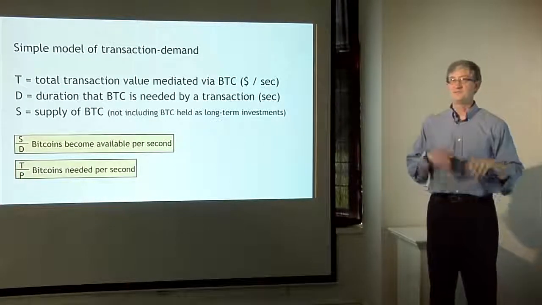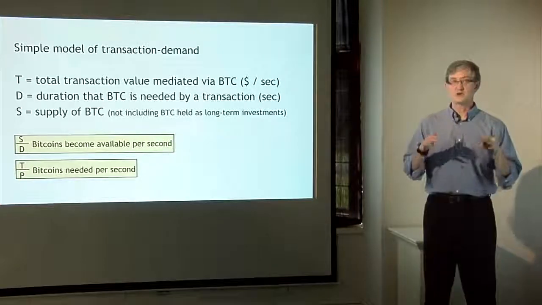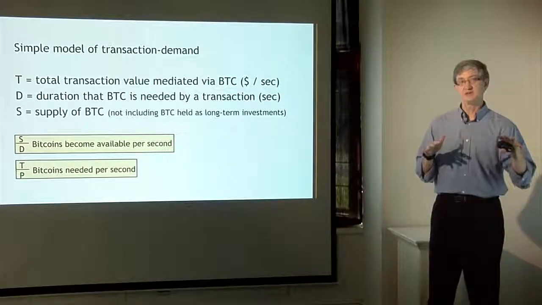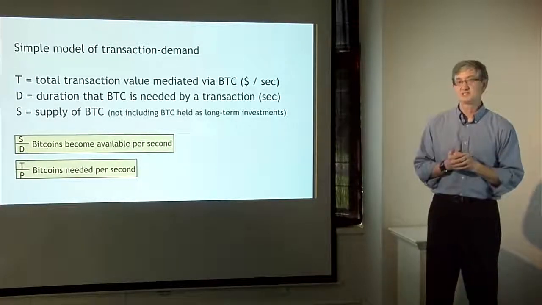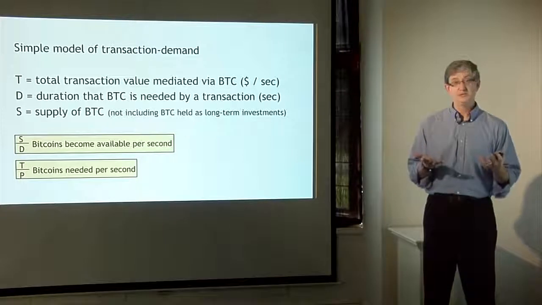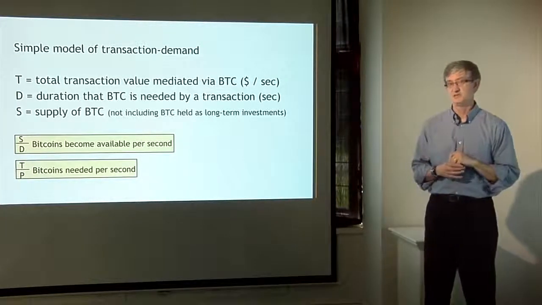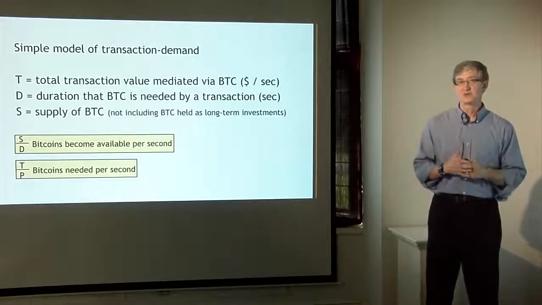On the other hand, if demand is higher than supply, that means that there are people who want to get bitcoins to mediate a transaction who can't get them because there aren't enough bitcoins around. And so those people will bid more in order to get their bitcoins. They'll have to bid more because there'll be a lot of competition for the limited supply of bitcoins. And so if the demand is higher than the supply, the result is that price will go up.